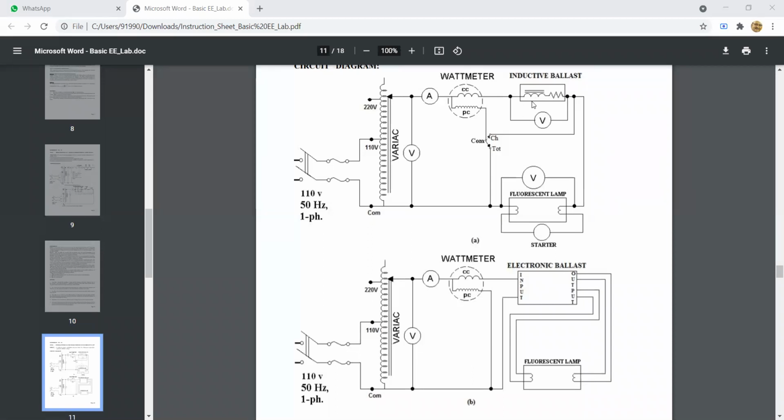If we subtract the power consumed by the choke from the total power, we get the power consumed by the fluorescent lamp. Because we have to measure the power consumed by the fluorescent lamp, the ballast, and the total power consumed, we have used this technique.